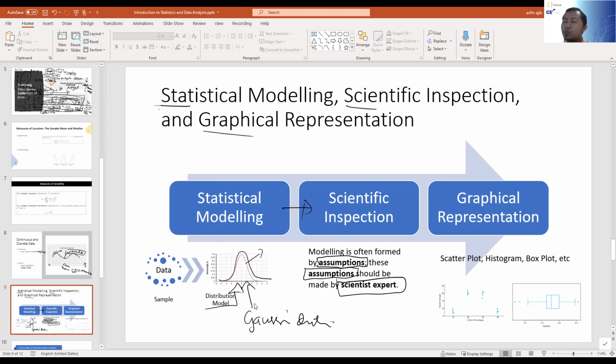Means that the assumptions should be logical and proven. Yeah, it is not good to sample or model the data without considering the real phenomena.